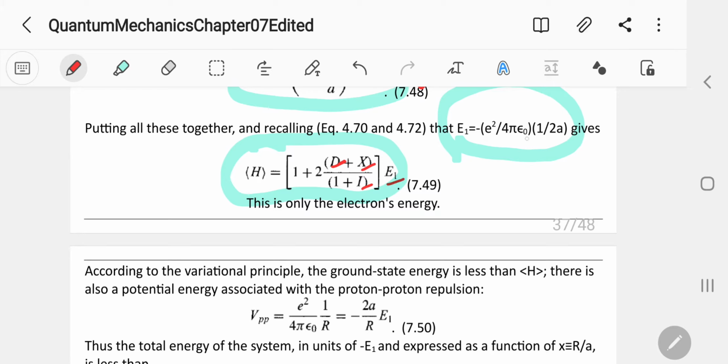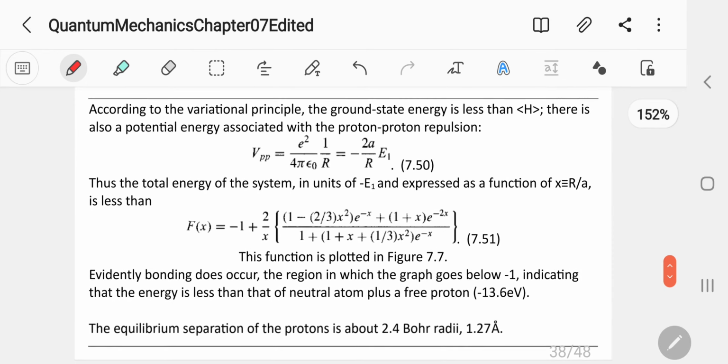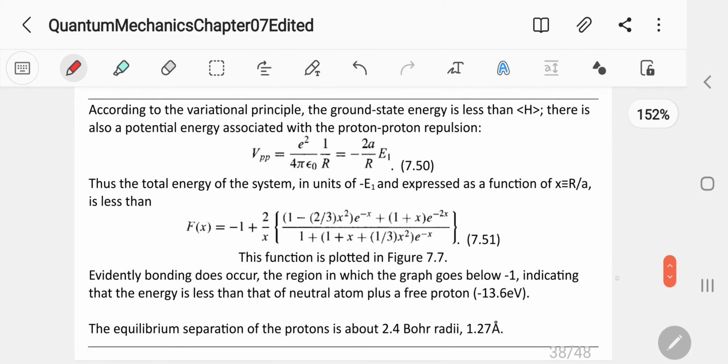And your E1 is again just the ground state energy of the hydrogen atom. But also, there is a potential energy associated with the two proton repulsion, and it's just that one.